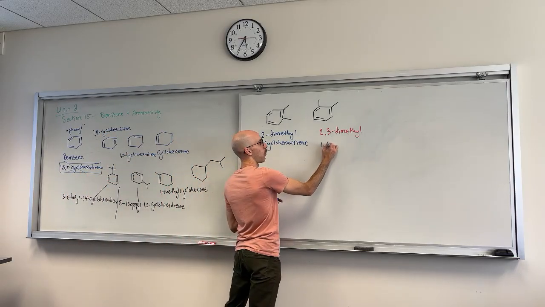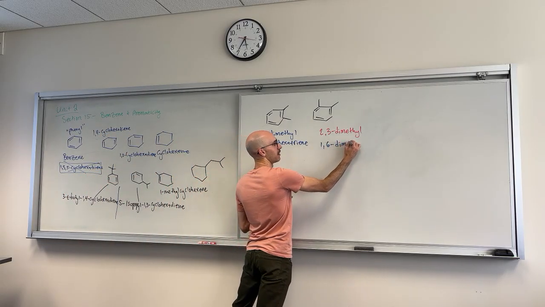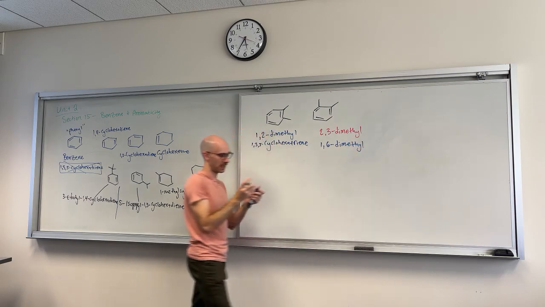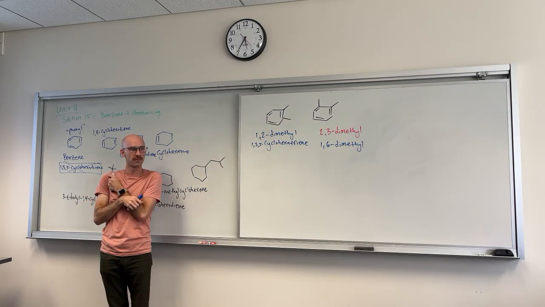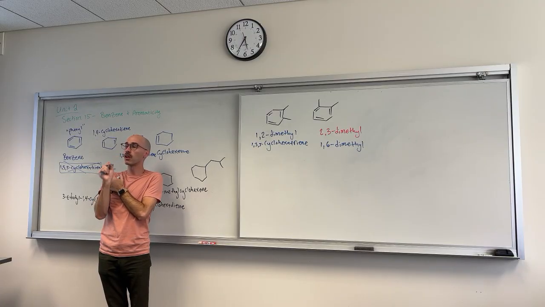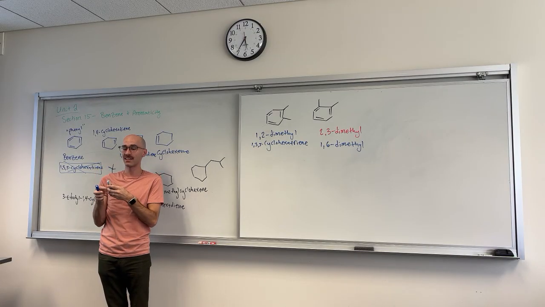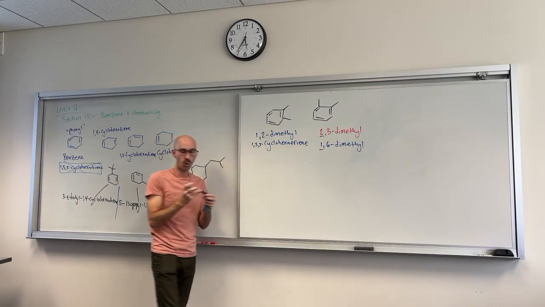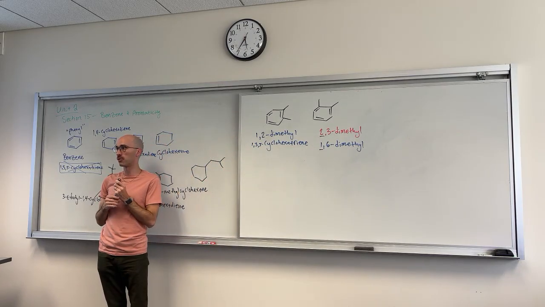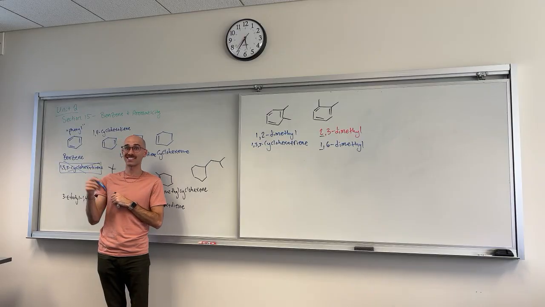And then there is 1,6-dimethyl, and I actually need to clarify something. It is not the lowest locant set possible, like I just said. It is the lowest locant set at the first point of difference. 1 is smaller than 2, despite the fact that 6 is larger than 3.